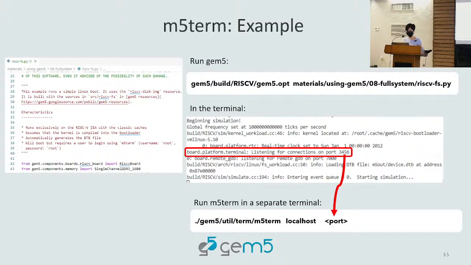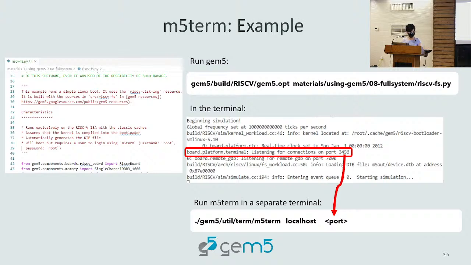Okay, now let's do a very, very simple example, which is available in the materials, using gem5 full system, and it's called riscv-fullsystem.py.